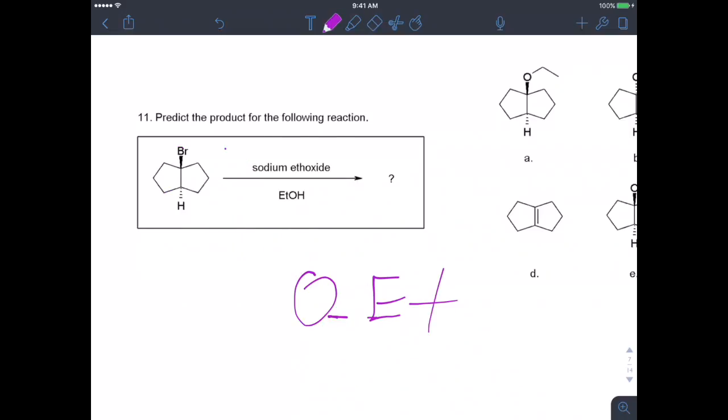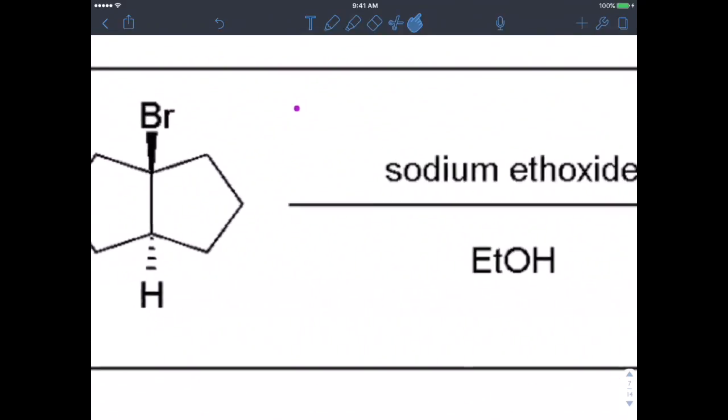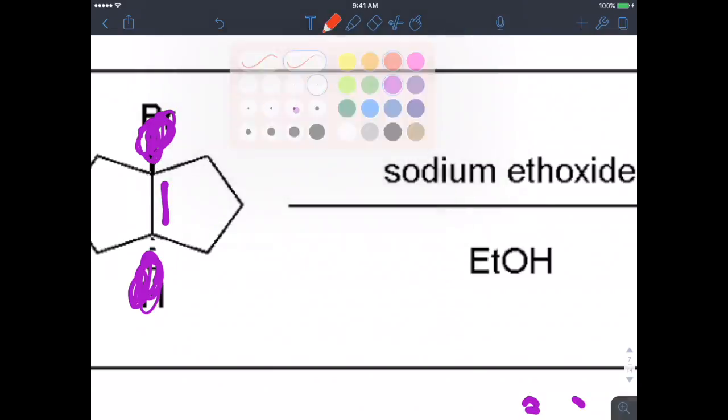Let's draw them out. So in both cases, you have the bromide leaving, and then you can have this leaving in one case. We'll say that leaves the bond here. And we'll do the other double bond over here.